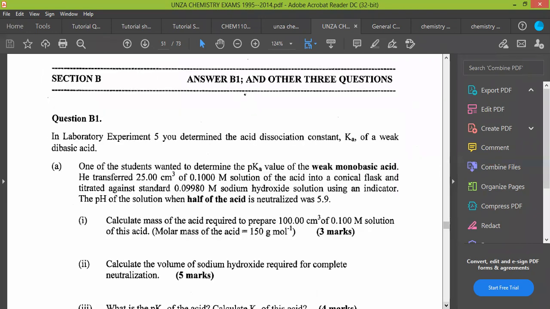You cannot be questioned on a lab you've not done. So this lab is not going to be asked, but it's an interesting lab because it actually makes you understand the titration graphs I talked of last time. This is the lab that truly helps you understand that.